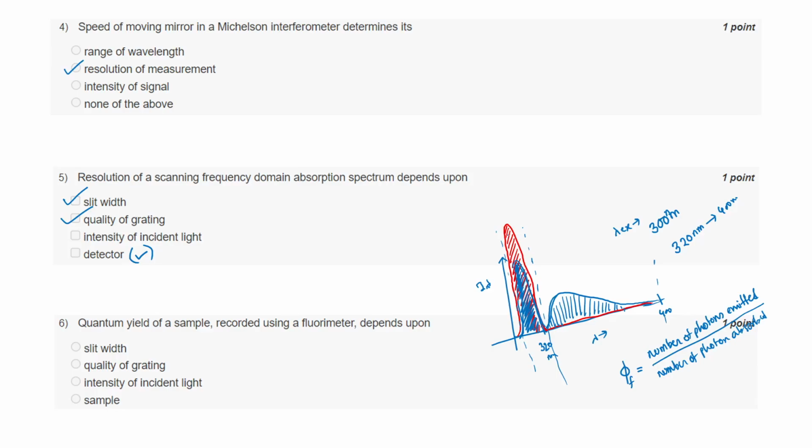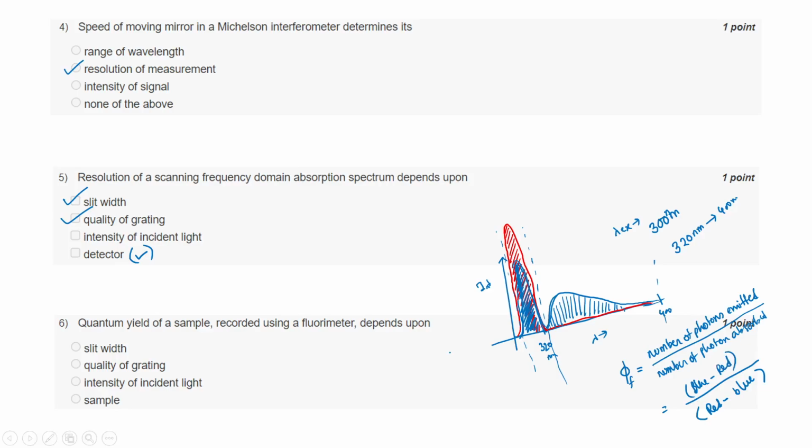So the red area minus the blue area is going to be your number of photons absorbed. This part is going to be your denominator, this red minus blue, the area under the curve. The area under the curve of a spectrum will give you the information about the total number of photons. So red minus blue from the first order diffraction peak will give you the number of photons absorbed, and from here you will get blue minus red.